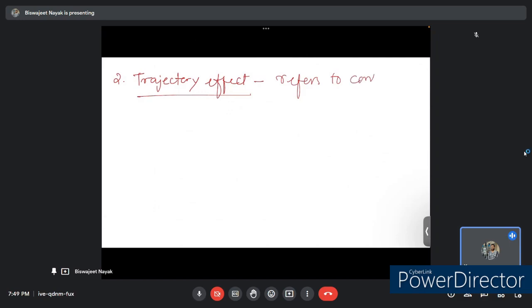It refers to contrast resulting from electrons taking different paths after leaving the specimen.